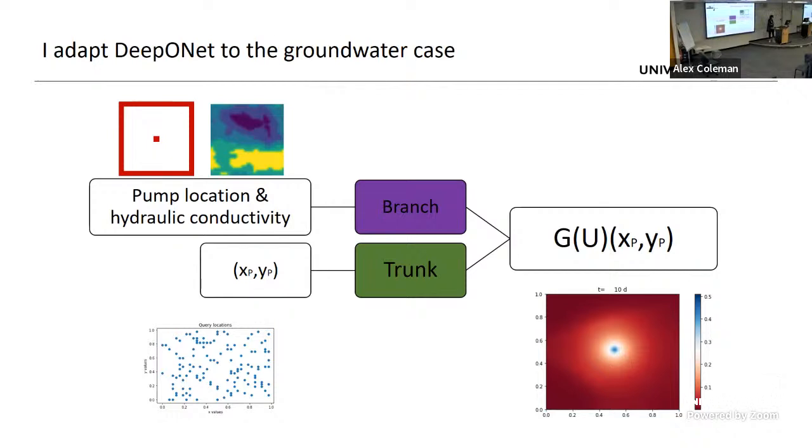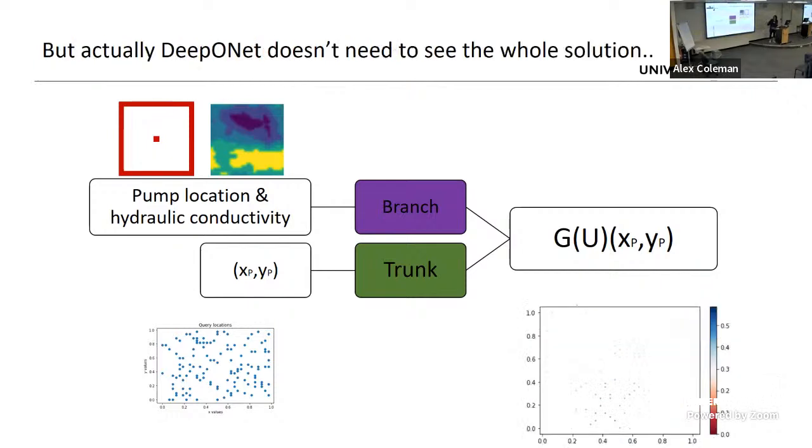DeepONet doesn't need to see the whole solution, because G depends on X and Y at location P. It only sees and learns from the solution at sparse locations, which is really nice because in real cases you only have observations at sparse locations.